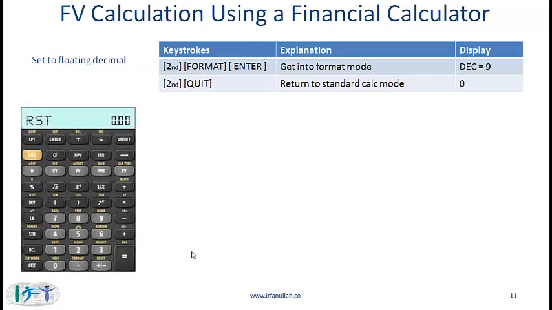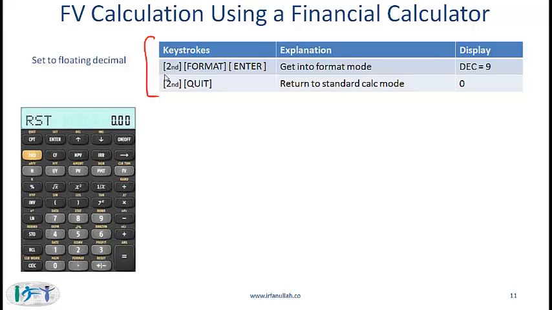Let us now learn how to use the financial calculator, and then we will do a future value calculation using the calculator. The first time you use your calculator, and we'll talk here about the Texas Instruments BA2 Plus, you need to set the floating decimal. And what that means is, when you set to floating decimal, the calculator automatically gives you the appropriate number of decimal places.